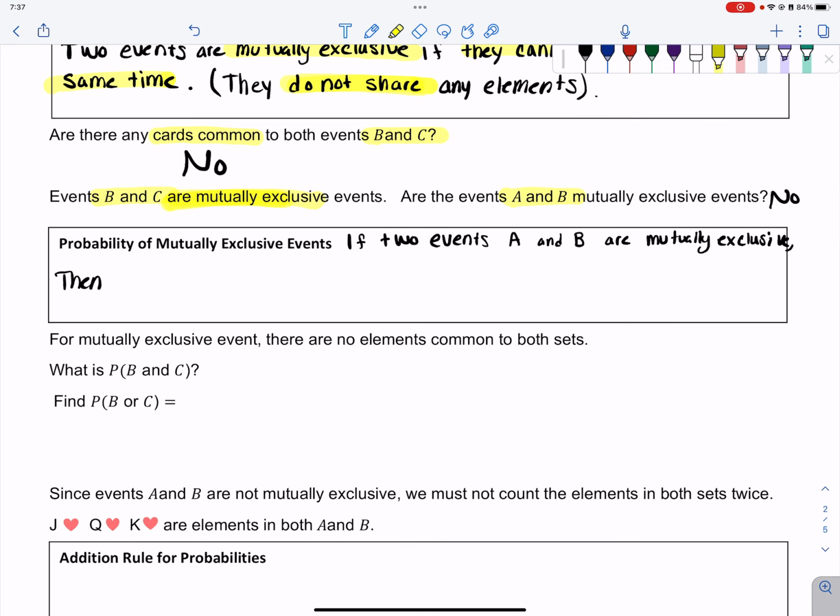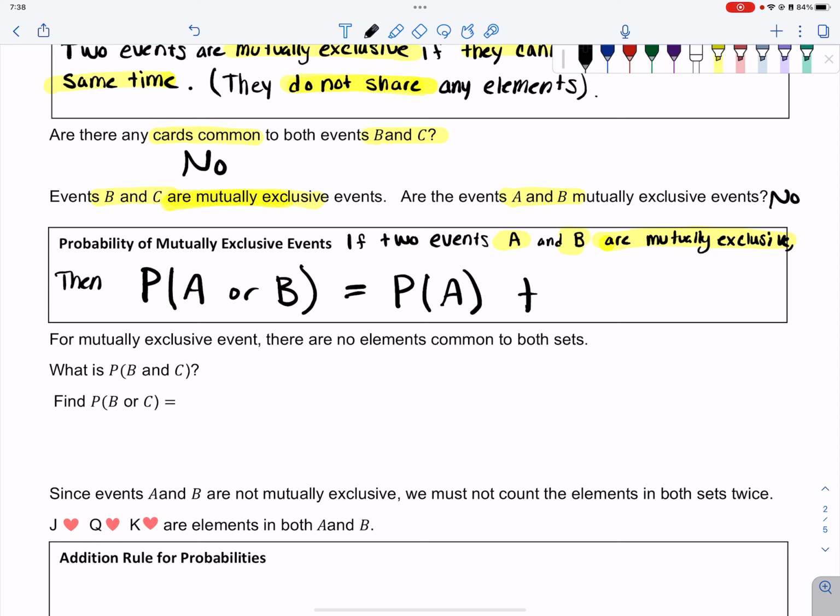So if we have 2 events that I'm just calling A and B here for the terms, and they are mutually exclusive, they do not have any cards in common, or any elements in common, I should say, then the probability of A or B happening is simply just the probability of A plus the probability of B. So we can just take the 2 probabilities and add them together. We can only do this when there is no overlap between the 2 sets.